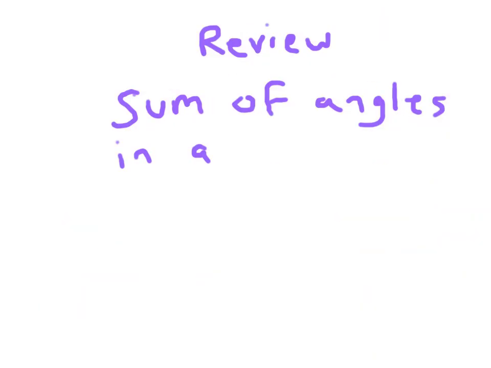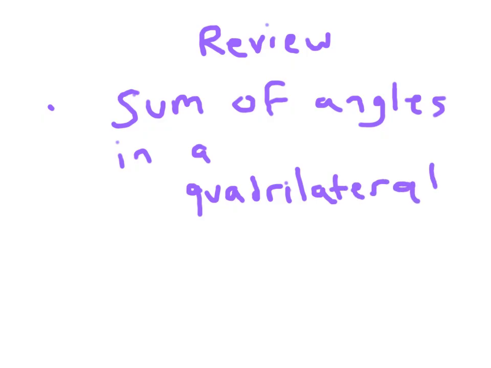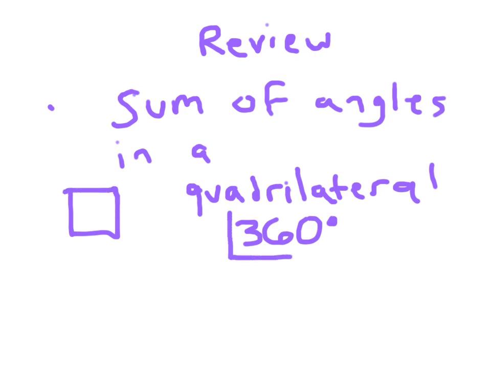Okay, to review, the sum of the angles in a quadrilateral is how many degrees? Right, 360 degrees. You could think, hey, square, 90 plus 90 plus 90 plus 90, 360 degrees. It applies to all quadrilaterals, though.